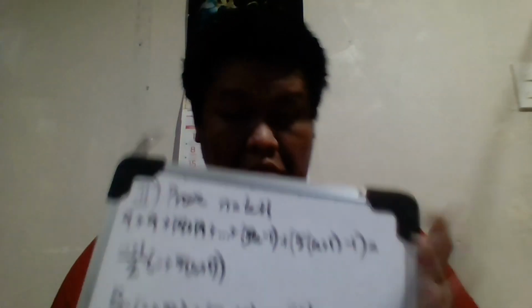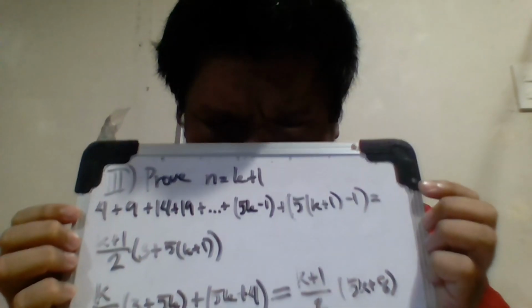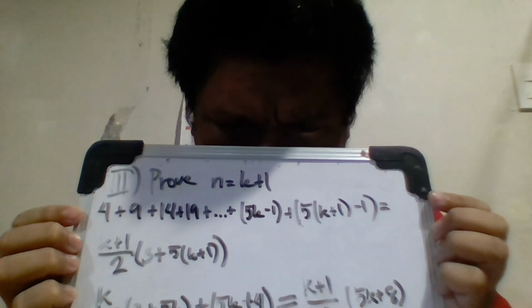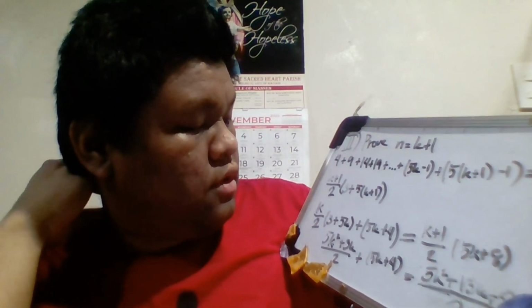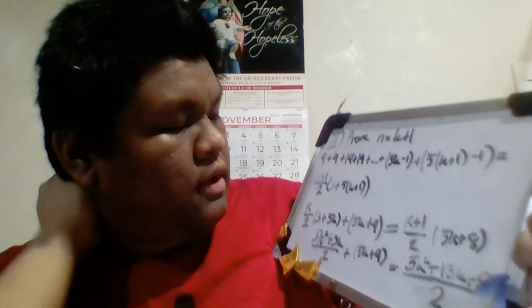The next step is to have a hypothesis for the mathematical induction. Assume that it is true for any value of n, say k, that is n is equal to k. Assuming that is true, we need to prove that n is equal to k plus 1. That is 4 plus 9 plus 14 plus 19 plus dot dot dot plus 5k minus 1 plus 5 times k plus 1 minus 1 is equal to k plus 1 over 2 times the quantity 3 plus 5 times k plus 1.